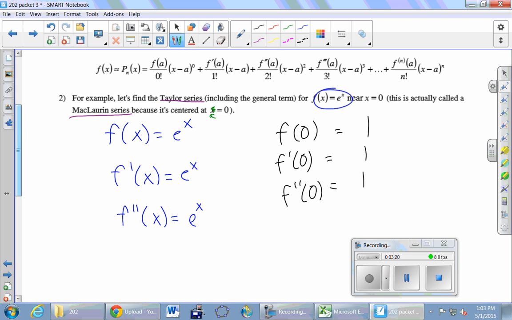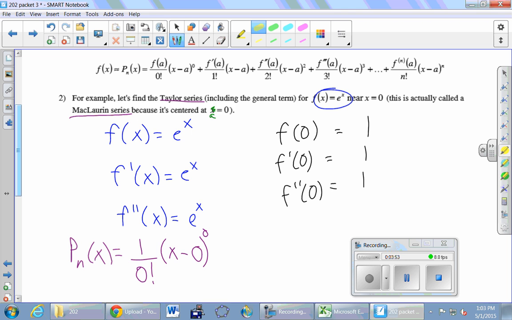And so now it's a matter of writing our formula. We've got this big, massive Taylor polynomial formula at the top. So here we go. P sub n of x equals, okay, so it says f of 0, all these a's are going to be zeros, so f of 0 is 1 for us. So we go 1 divided by 0 factorial times x minus what number? x minus 0, all those a's are 0, raised to the 0.